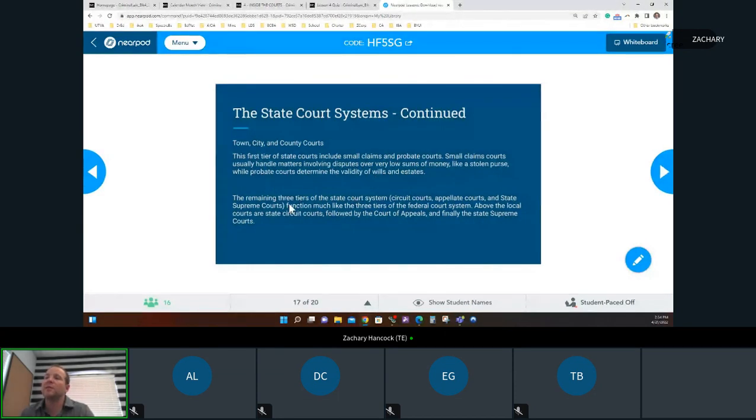The remaining 3 tiers of the state court system are circuit courts, appellate courts, and the state Supreme Court. So the state has a Supreme Court too. They function much like the 3 tiers of the federal court system. Above the local courts are state circuit courts, followed by the Court of Appeals, and finally the state Supreme Court.